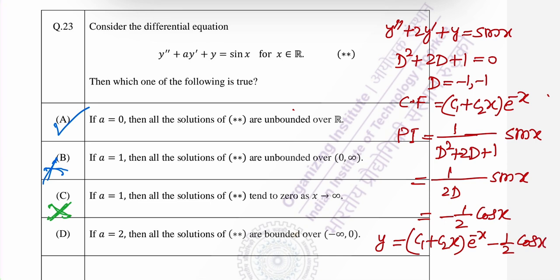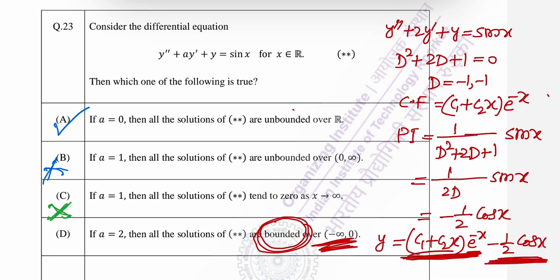And you see that if you take x to minus infinity, then e to the power minus x will be positive and it will go to infinity. So this whole thing will be a very large number, so we cannot say it is bounded. It says bounded, but it will not be bounded.